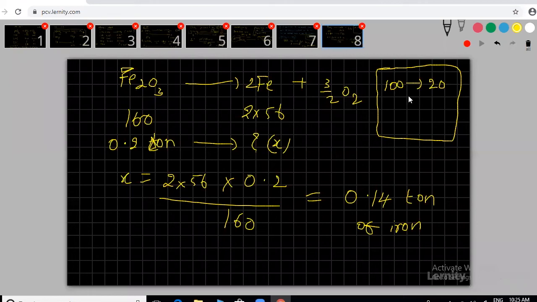That may contain copper, zinc, or other different things. Only pure Fe2O3 is 20 only. Pure Fe2O3 how much, sir? Only 20. That's why. Understood? Only pure we need. If I am taking pure Fe2O3, then only we get 2 into 56 grams. Pure Fe2O3 how much is there? 0.2 ton. So that's why.